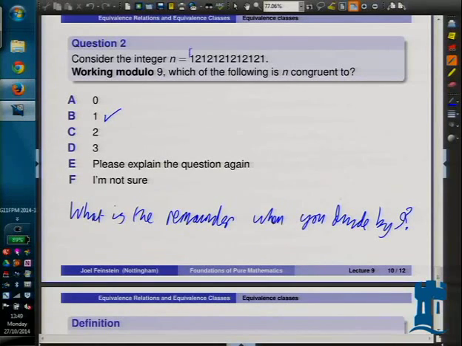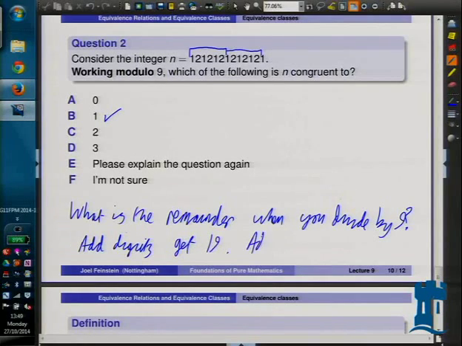Now, when you add up 1 and 2 and 1 and 2 and 1 and 2, that's already 9. That's not going to help you. And then you do another 1 and 2 and 1 and 2 and 1 and 2. So when you add the digits, that's 18 so far. Add the digits, and you get 19.